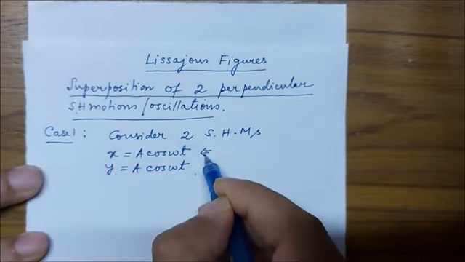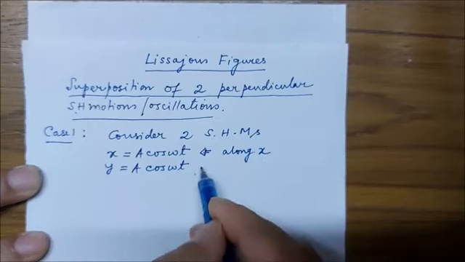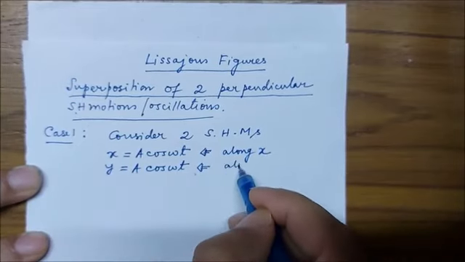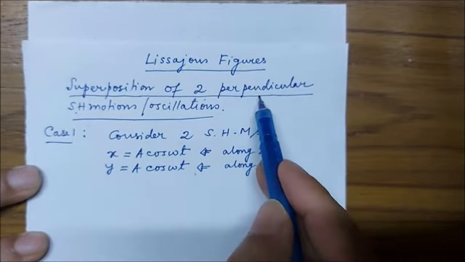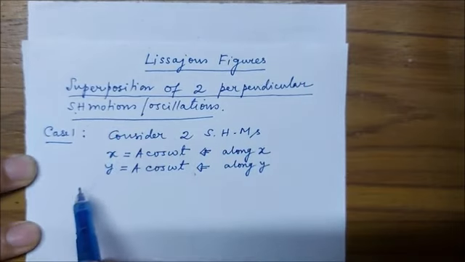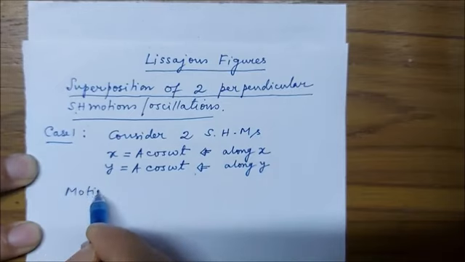So this is along x-axis and this oscillation or movement is along y-axis. So they are perpendicular simple harmonic motions or oscillations. It is clear that motion will occur in the xy plane.